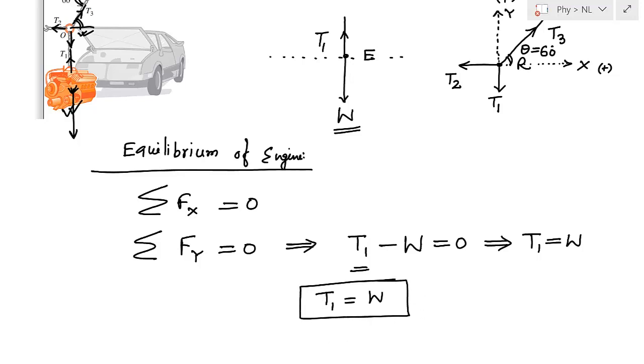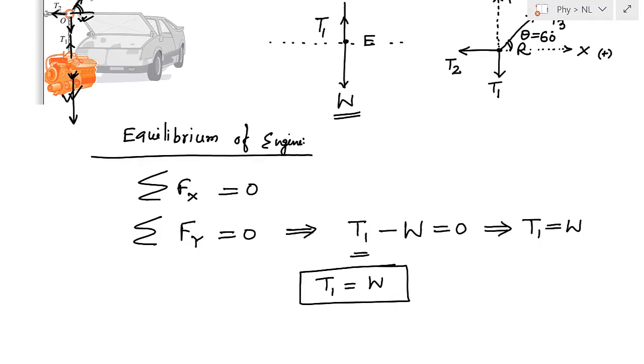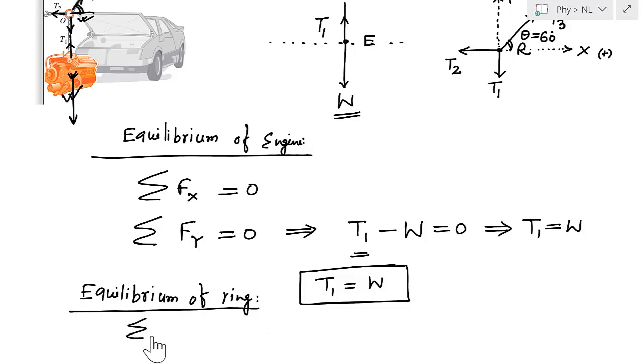Now next, what we can do is consider equilibrium of the ring. So what equations can we write? If I write summation of Fx is equal to 0, this will give me the forces in the x direction. So what are the forces acting in the x direction?